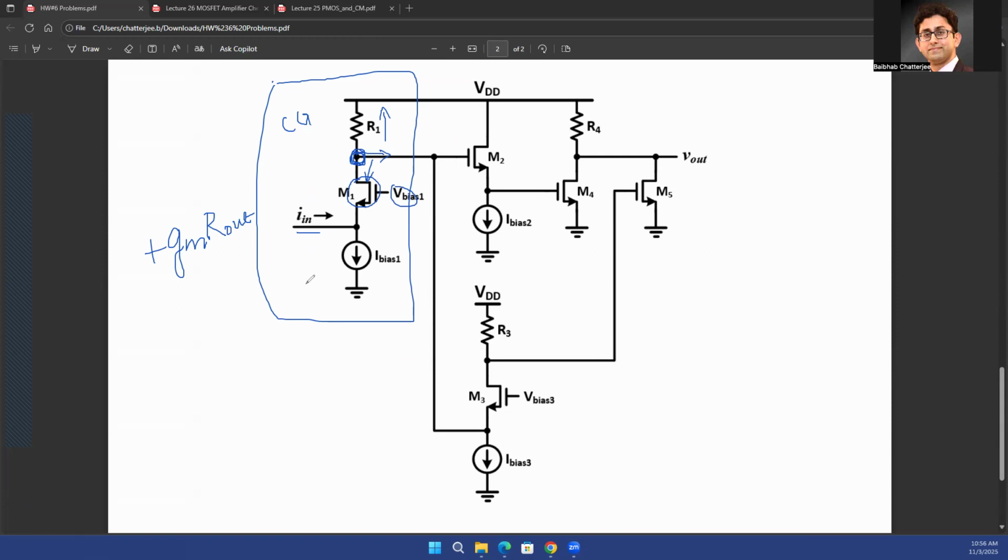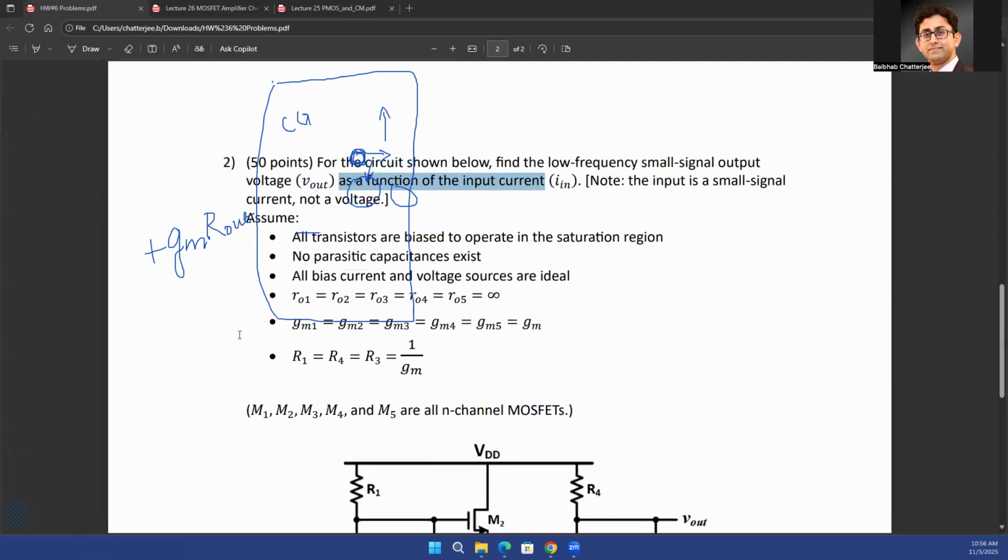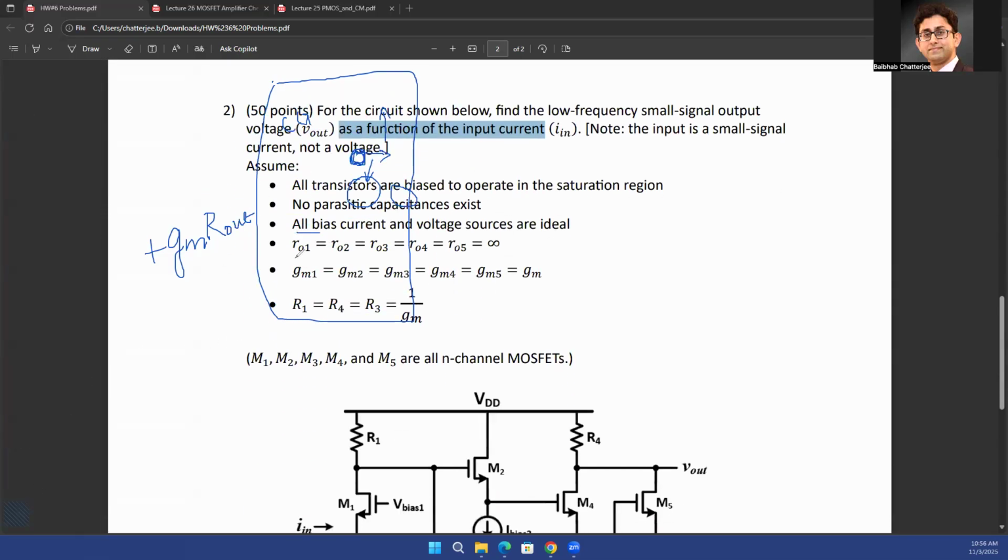Because in the problem, you'll see that all the ROs are given to be infinitely large. All the GMs are given to be equal. GM of transistor 1, transistor 2, 3, 4, 5, all of them are given to be equal, let's say GM.